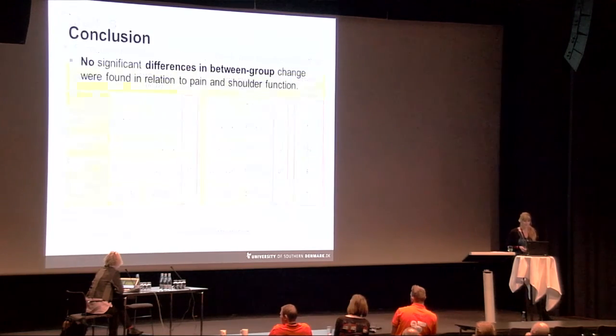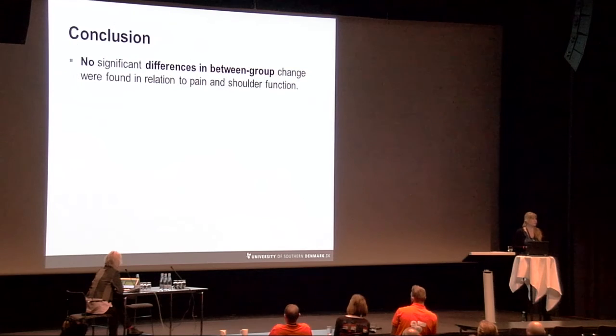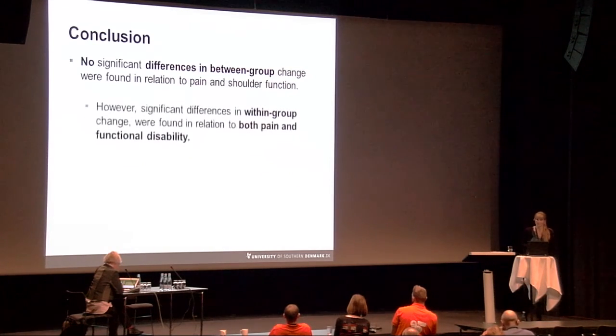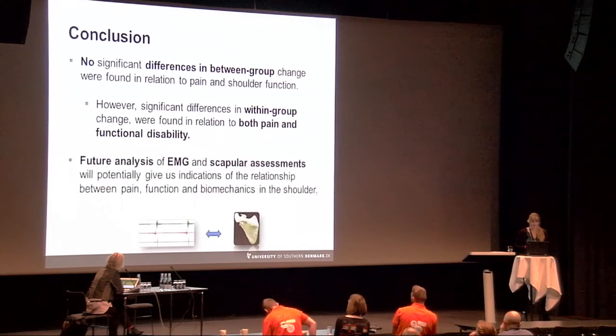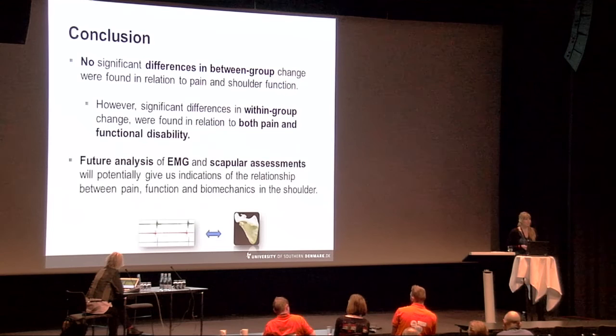So, to conclude on the results of this study, no significant differences in between-group change were found in relation to pain and shoulder function. However, significant differences in within-group change were found in relation to both pain and functional disability. And future analysis of EMG and scapular assessments will potentially give us indications of the relationship between pain, function, and biomechanics.